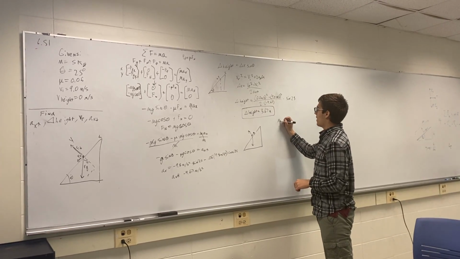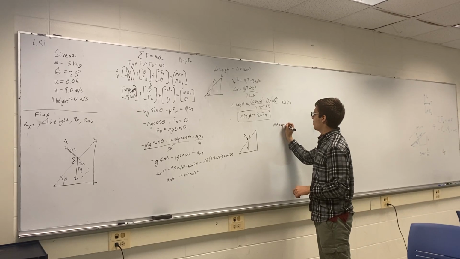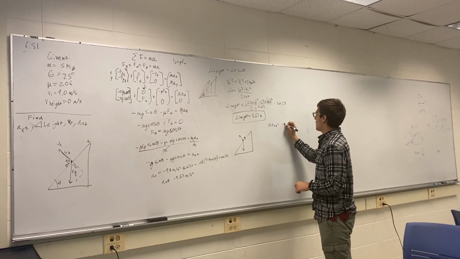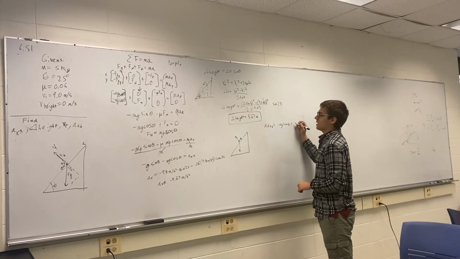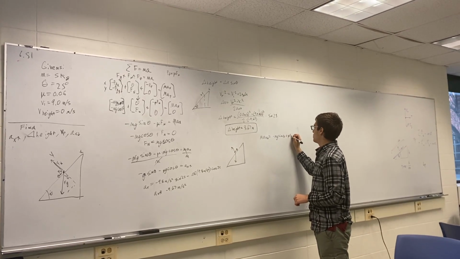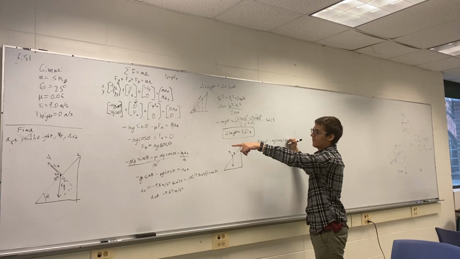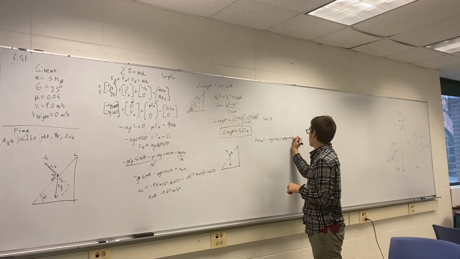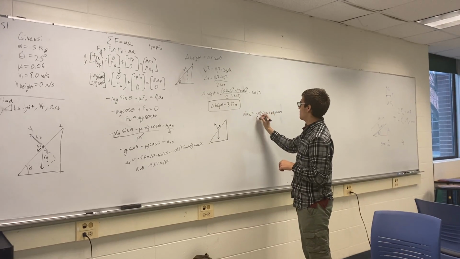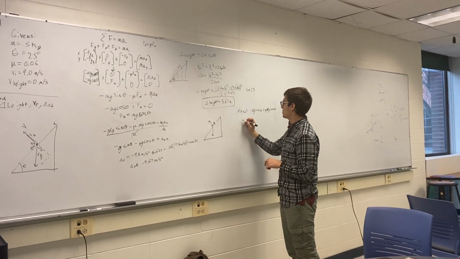So we now have m a_x going down the hill being equal to negative mg sine theta plus mu force normal, where force normal is mg cosine theta. Because of the m's, we can cancel those all out.